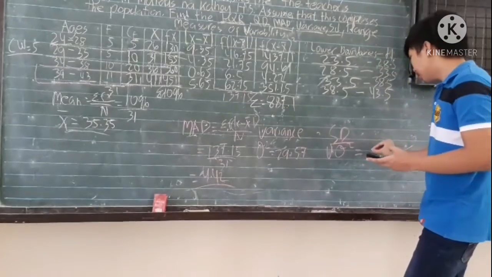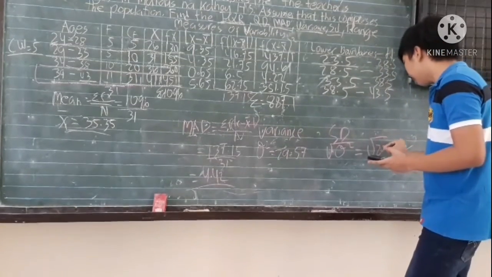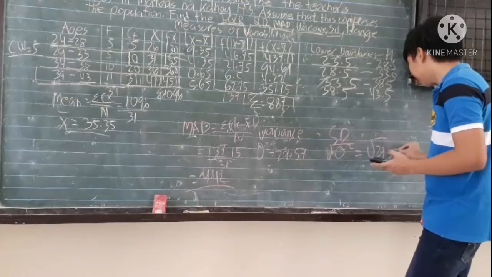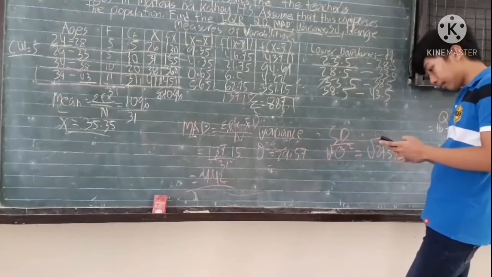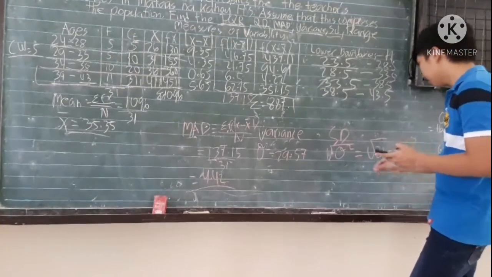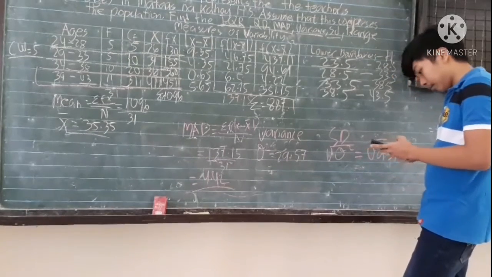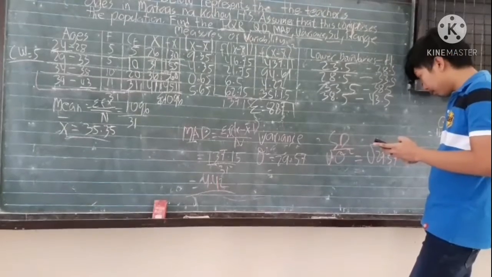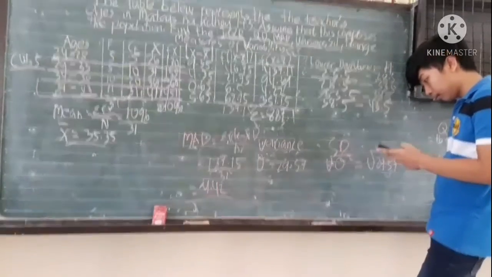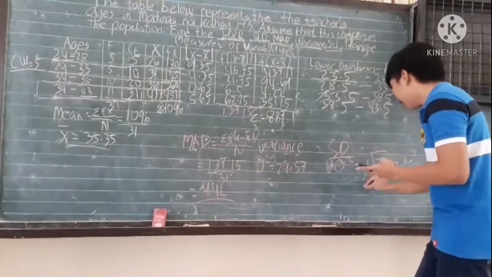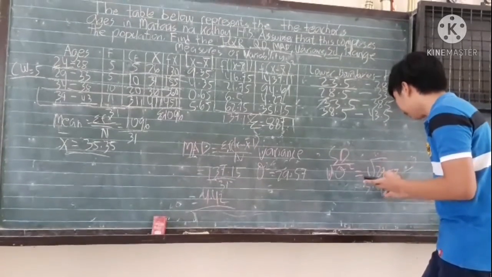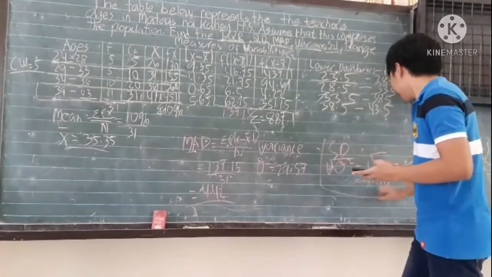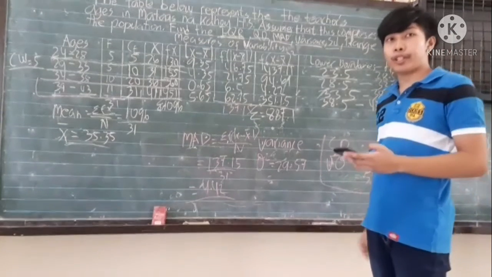So, square root of 29.57. And that's how we compute it. Thank you.